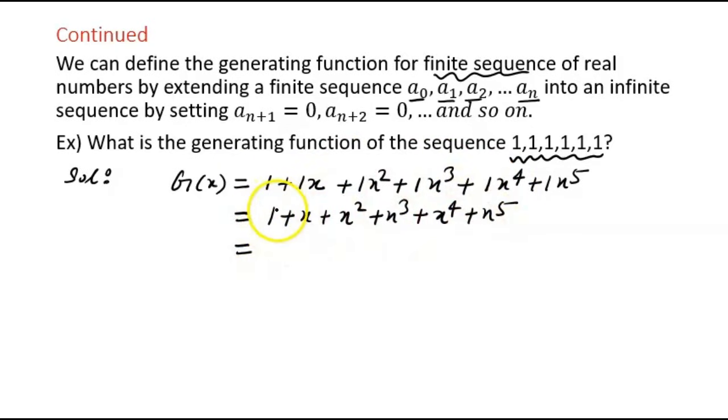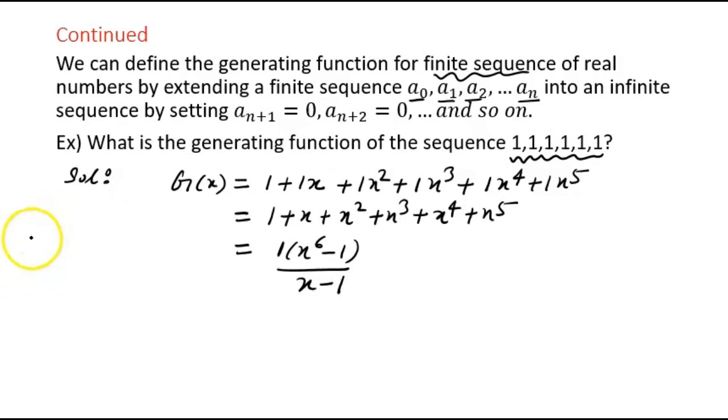Because the terms of the sequence are coming in the form of a GP, I can add these terms and write the sum as (x to the power 6 minus 1) by (x minus 1).